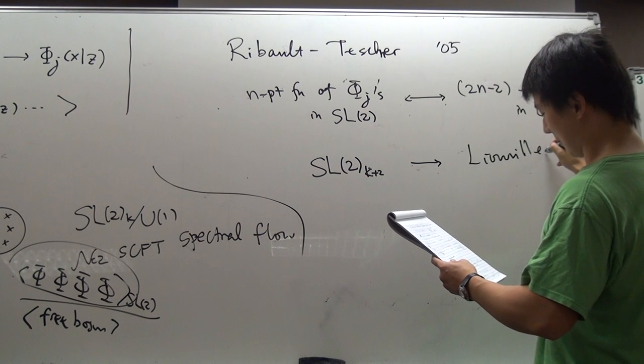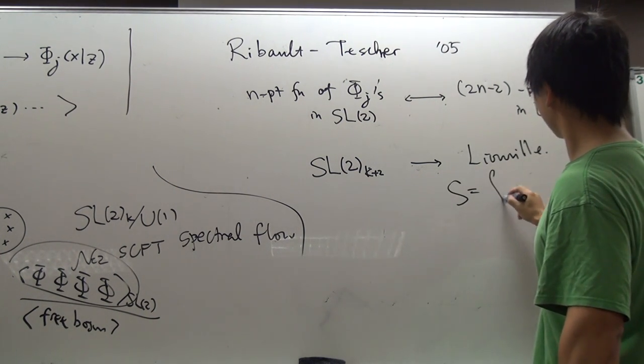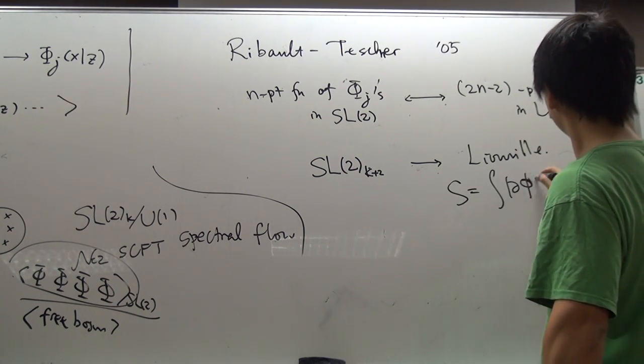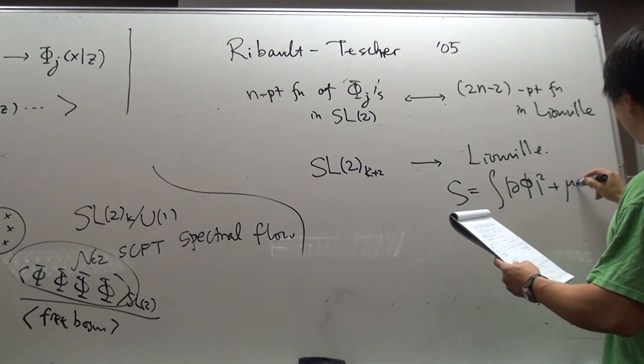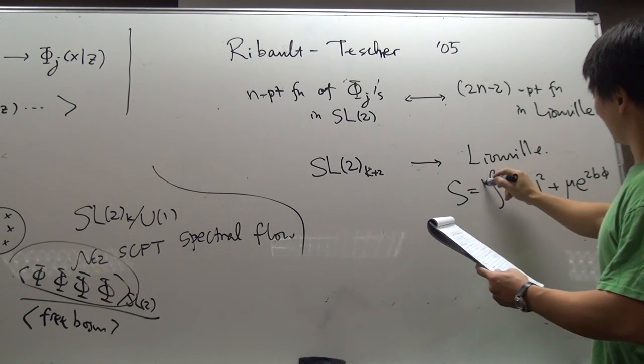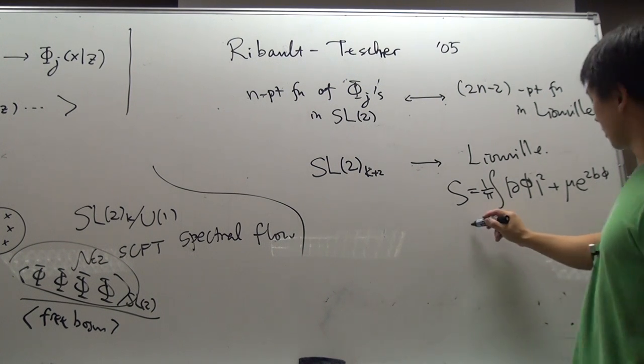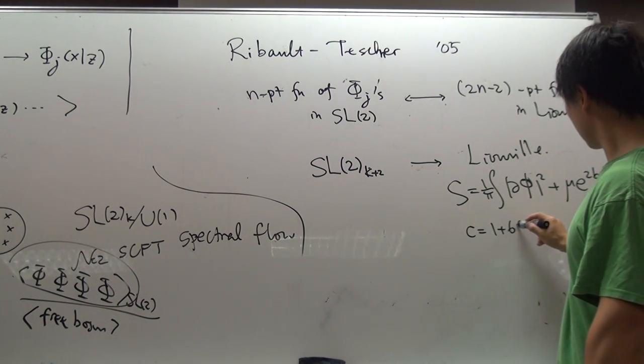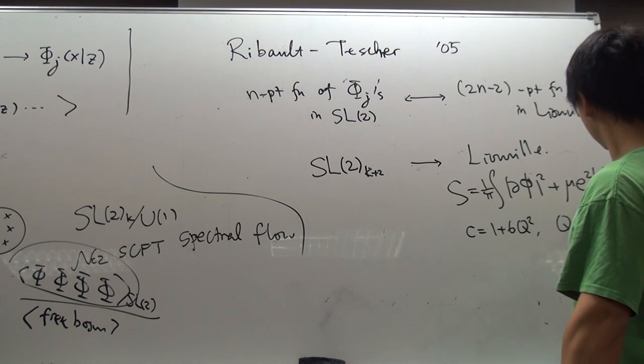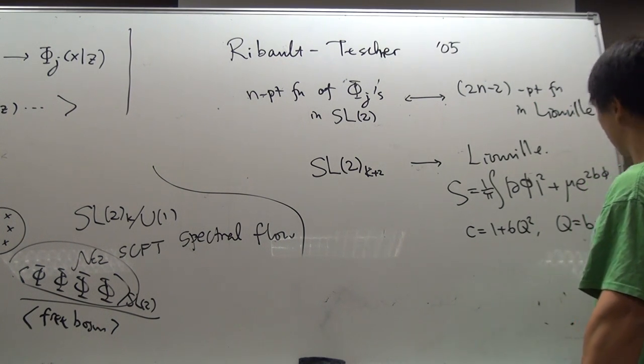So the Liouville theory regards some action, partial phi squared plus mu e to the 2b phi, the well-known extremely important conformal field theory. This guy has central charge 1 plus 6Q squared where Q is b plus 1 over b, the background charge of the Liouville field.